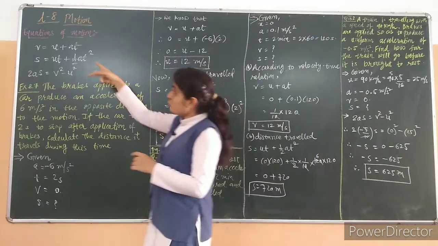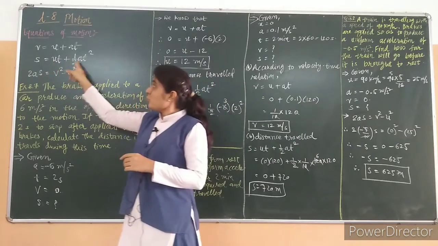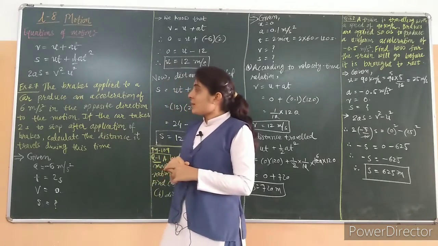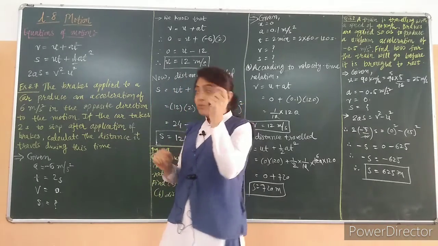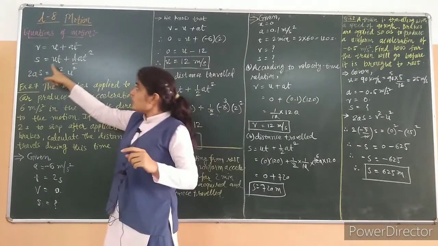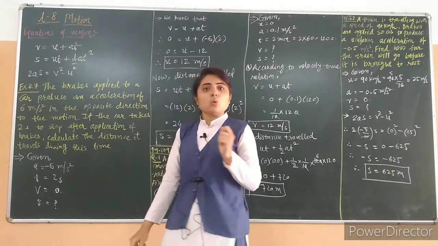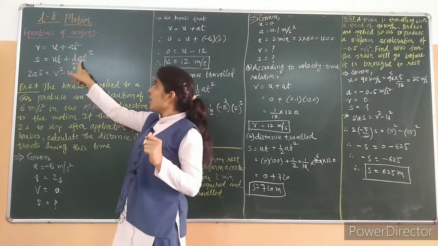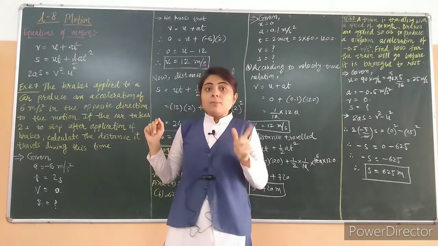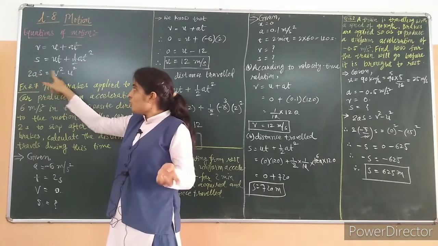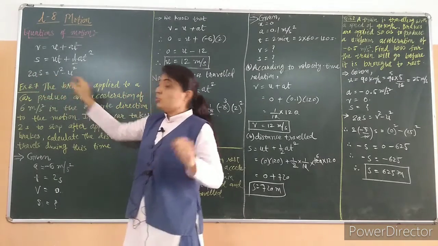For distance we have two formulas: s = ut + half at square, and 2as = v square minus u square. Let us see which we can use. Do we have u? No. We have a, yes, we have t. For the second equation, we have a, s we need to find, v we have, but u we don't have.